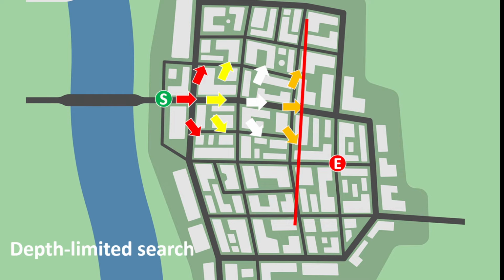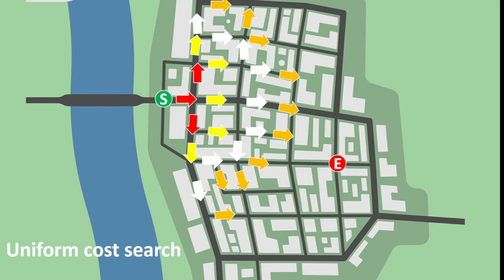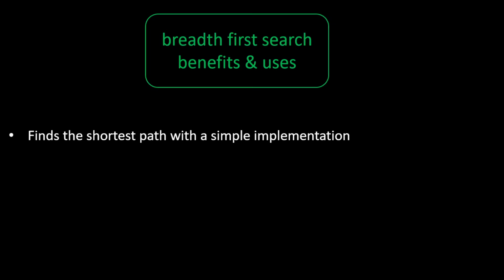Limited, we might not even find the house. Iterative deepening, well, we'll keep going to pretty much every junction. So if it's far away, we're going to be pretty exhausted by our search by the time it finds it. And uniform cost search, a bit overkill. We don't really need to have a cost to finding our neighbour's house.